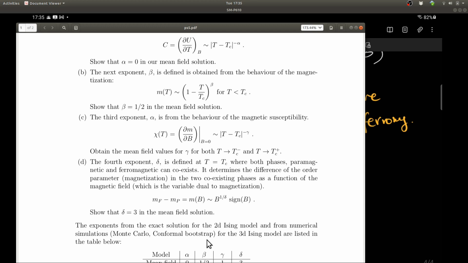And what would be the corresponding variable? Here m and B are dual variables. Remember, in my thermodynamics lecture, I talked about forces and displacements and things like that. They pair up, right? So m goes with B. So B is our control parameter, and we ask how m changes.